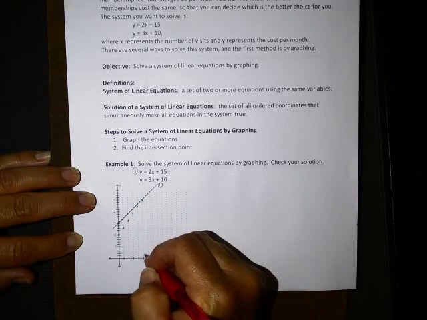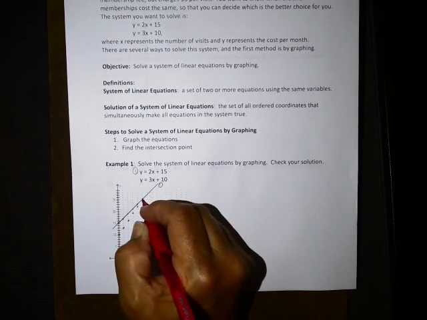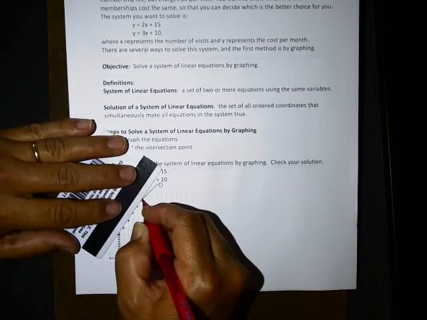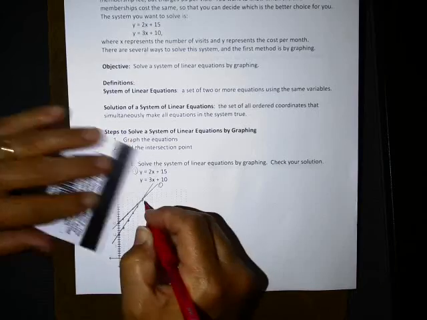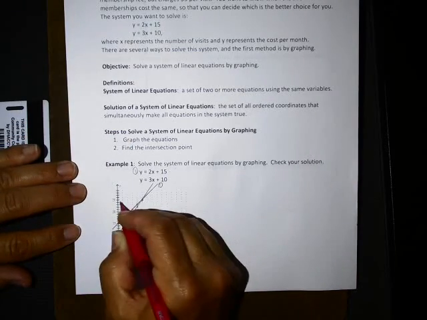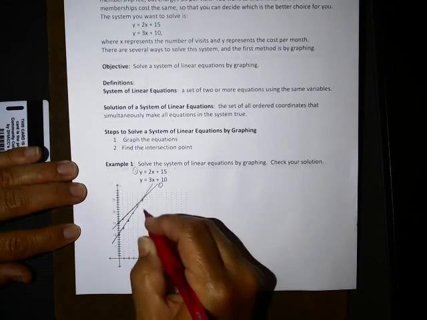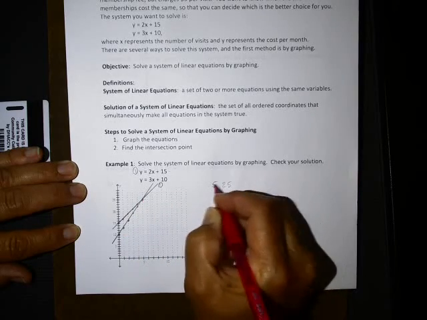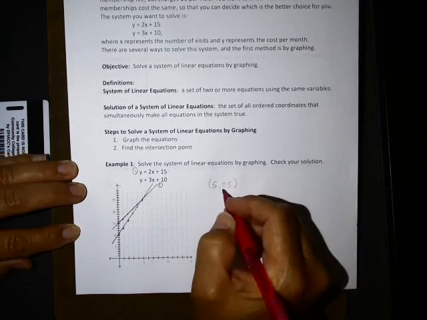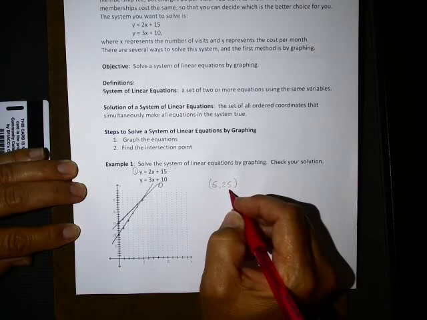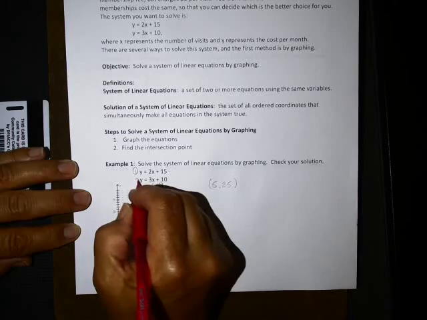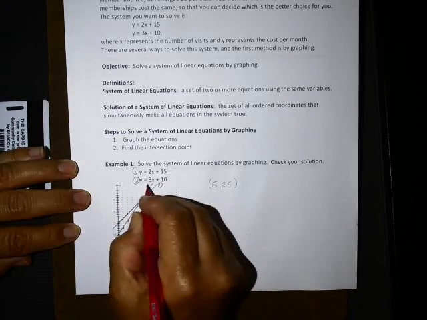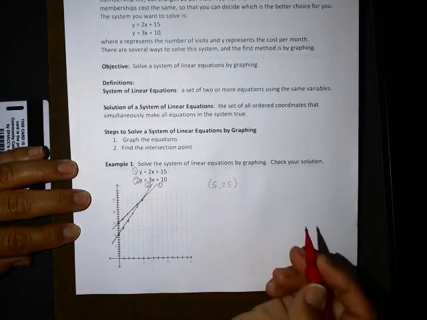All right, so our intersection point is going to be this point right here where they intersect, and that's the point 5, 25. That means after 5 visits, both of the prices of the gym membership will be $25. So here's line 1 and here's line 2.